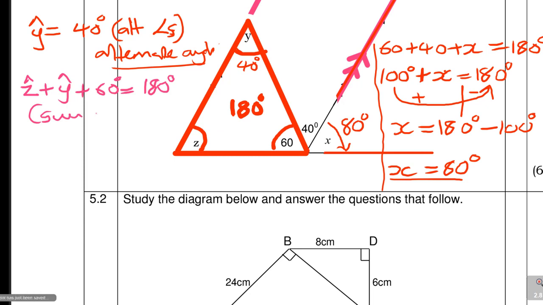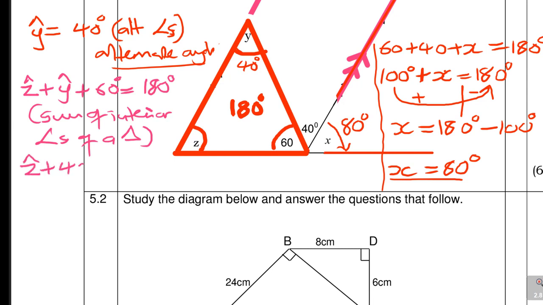Sum of interior, because it's inside, angles of a triangle. You see, sum of interior angles of a triangle. So now you know we got our angle Z, plus we know our angle Y is 40 degrees plus 60 degrees. It gives me 180 degrees. Are you with me?